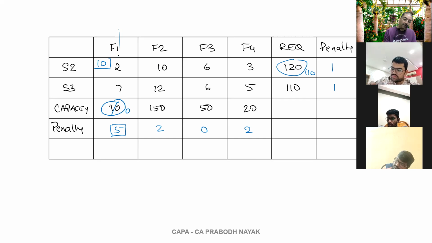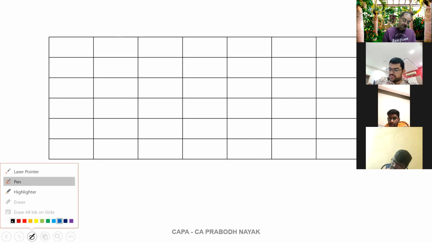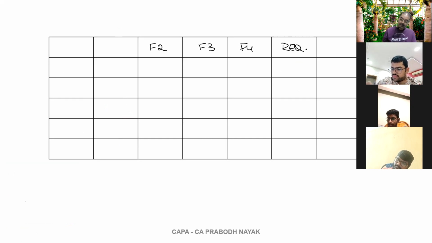So F1 will get cancelled. So F2, F3 and F4 remain. S2 and S3 will remain.